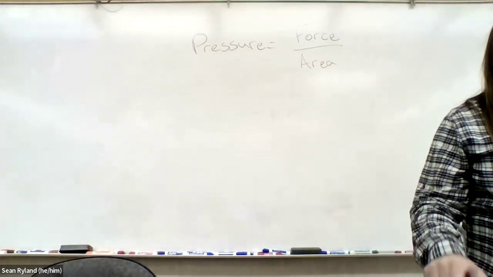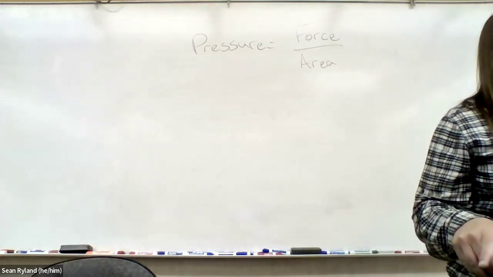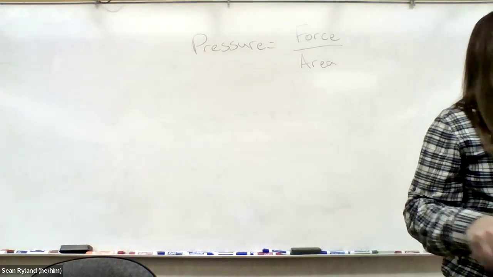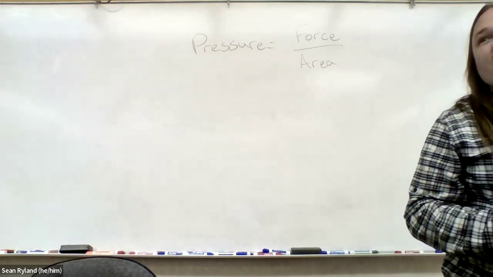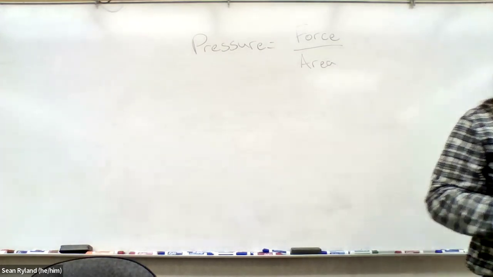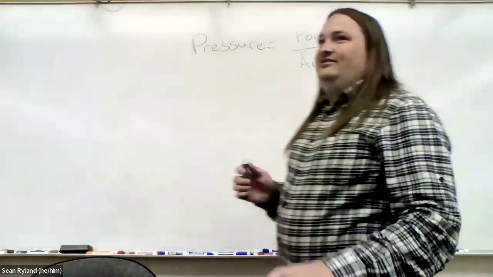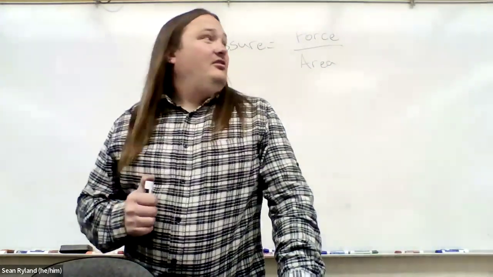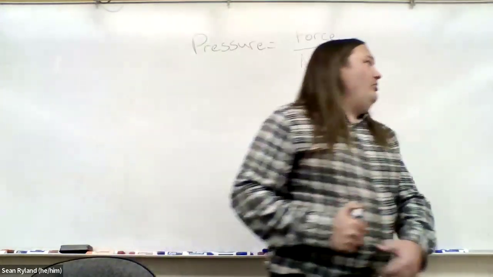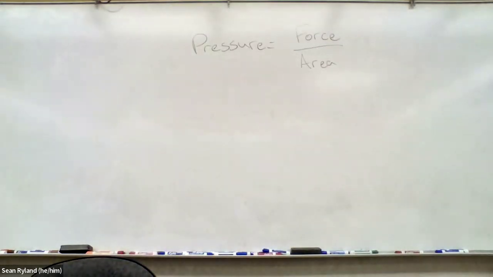Not logarithmic, because logarithmic or exponential decay has a y-intercept, right? This has two asymptotes, one on the x-axis and one on the y-axis, right? Close. 1 over x. Yeah. As you double the volume, pressure gets cut in half.